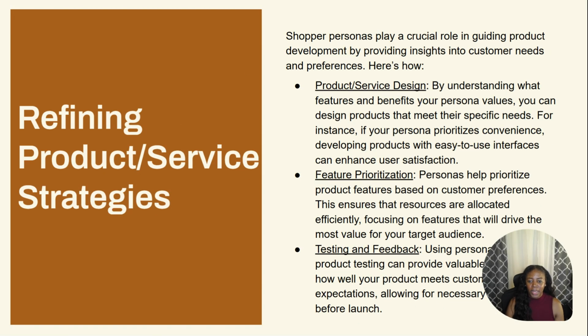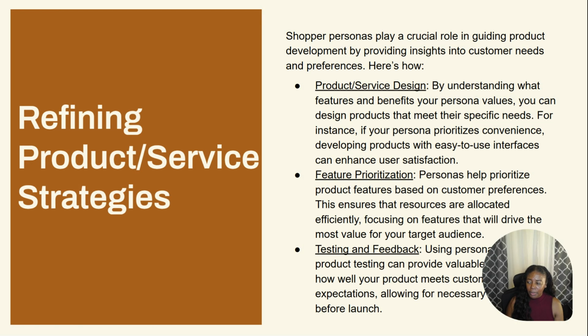And then, of course, we want to make certain that we're refining our product and service strategies. So, when we talk about refining our product and service strategies, what we want to do is make certain that the preferences of that particular shopper are being addressed. So, what kind of features and benefits do our persona or our shopper value? Okay.